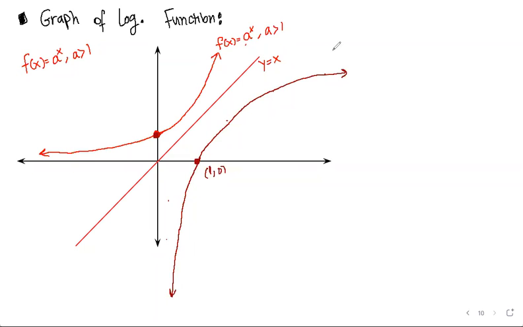So this is the graph for the logarithm function, log of x to the base a. I call it g of x. And again, this is my asymptote, a vertical line.